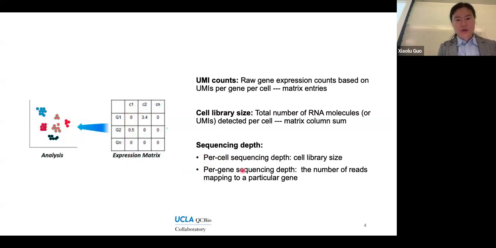Another is per gene sequencing depth, which is the reads, the sum of the gene, for each row. These concepts are important as we will use them for data analysis and also for normalization.